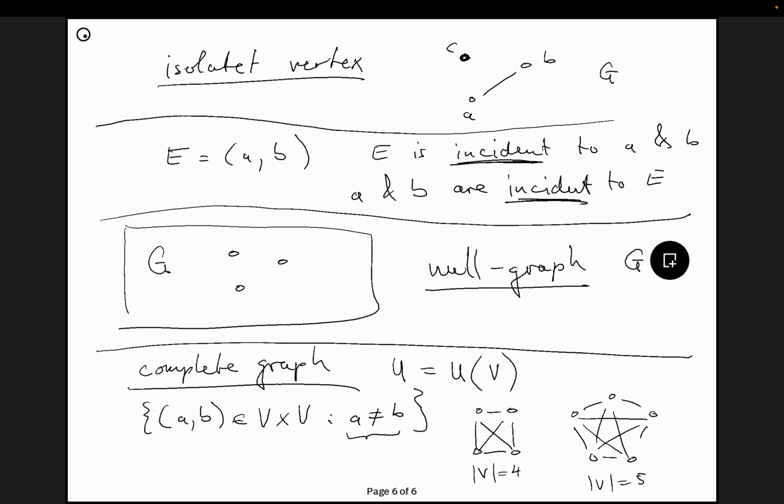Now, again, a couple of definitions. A converse graph. This only makes sense if we have at least one directed edge. So let's explain it with a drawing.